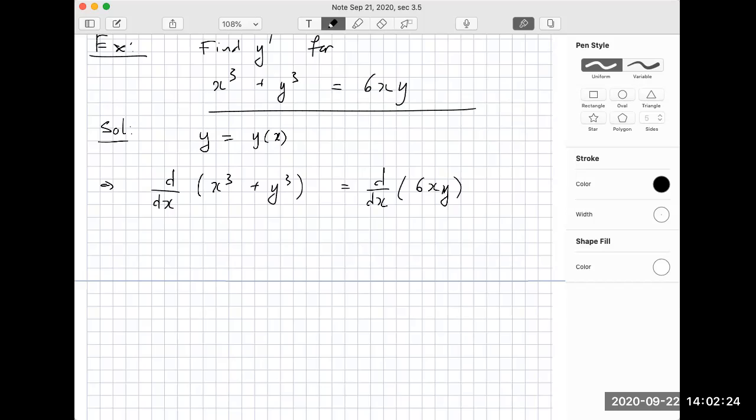Which formula should we use in this case? It is the derivative of a sum, and it will be a sum of derivatives, right? It will be d over dx of x cubed plus d over dx of y cubed. And the right-hand side is very tricky right here. What is it?